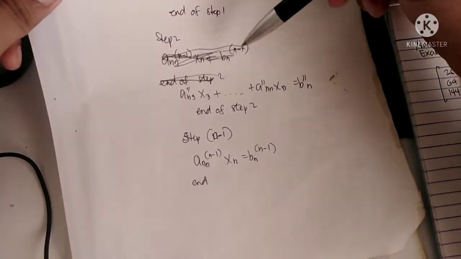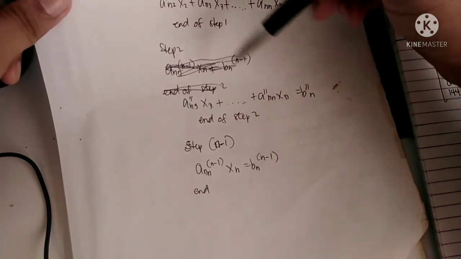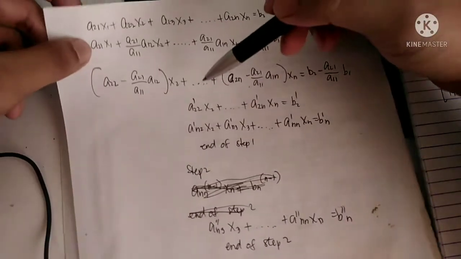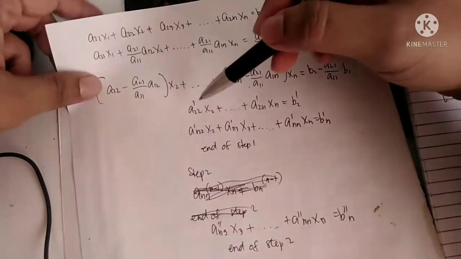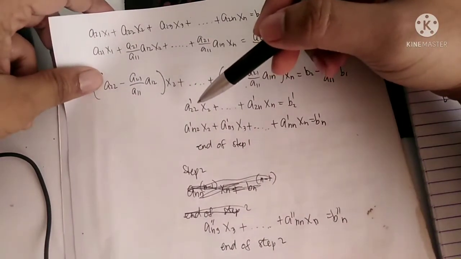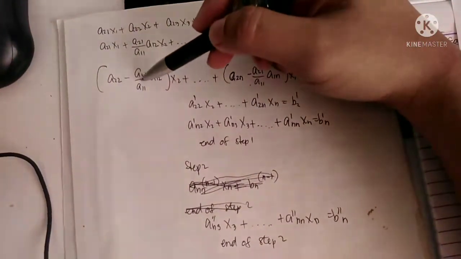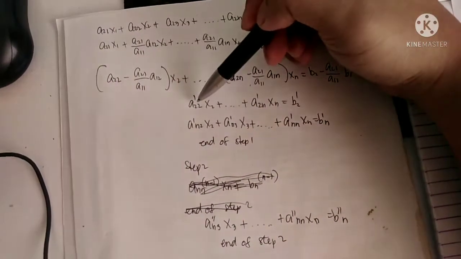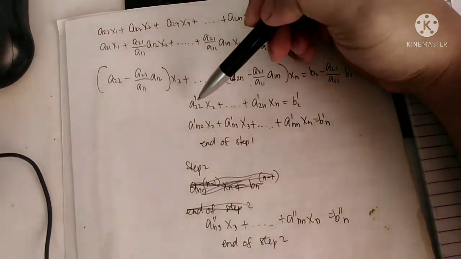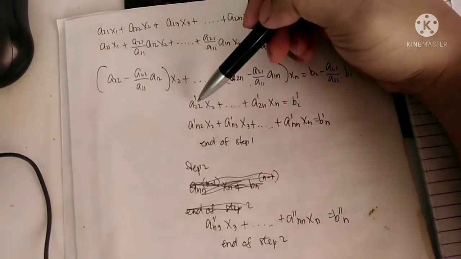So this will be the next step. The prime here is the difference: a sub 2 prime is your new coefficient in row 2, column 2.